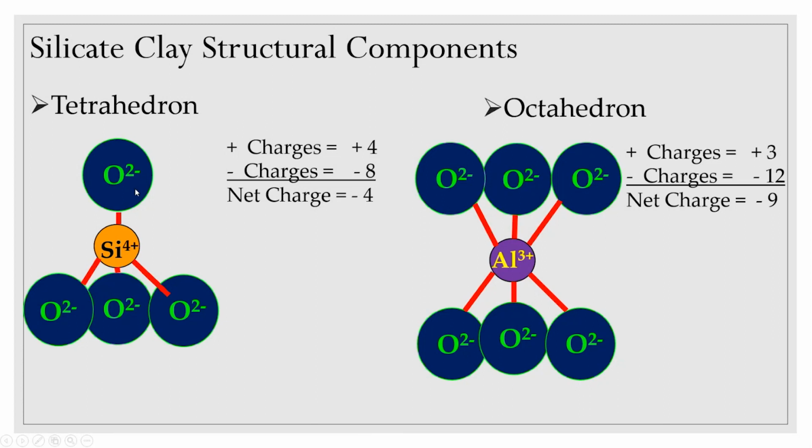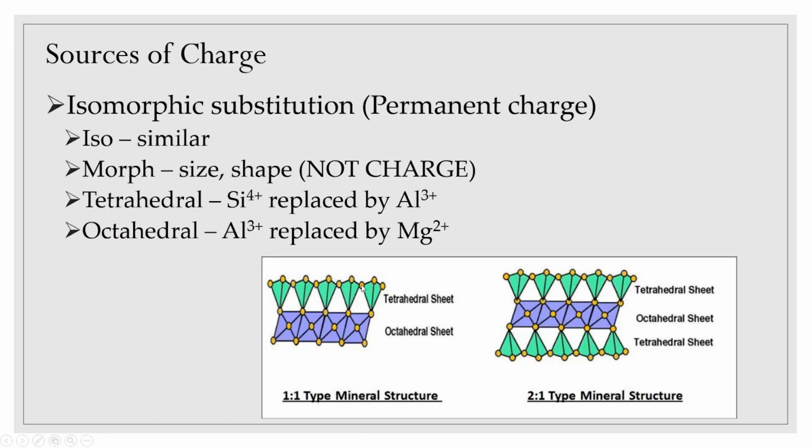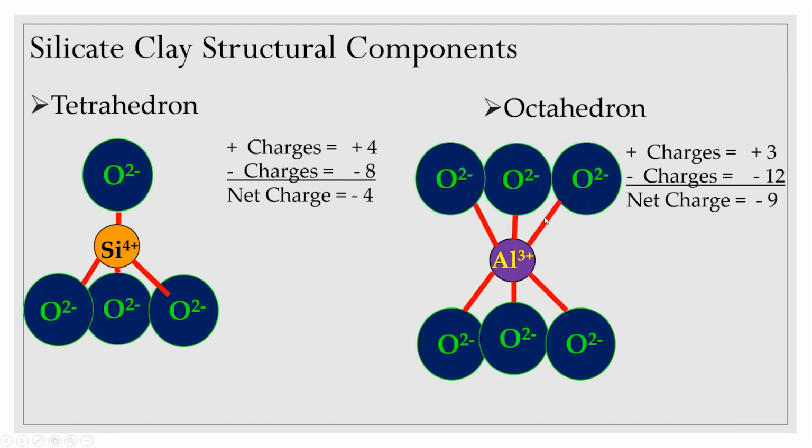So together, think about this as a 1-to-1 silicate clay, like kaolinite. If this were attached to each other, imagine that was just this particular portion of that 1-to-1 clay mineral, that overall net charge would be -13.